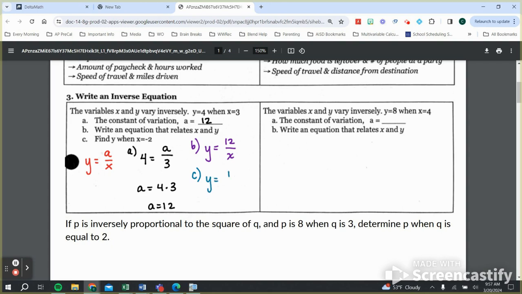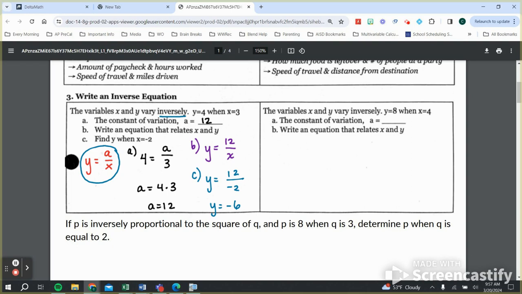So we're just going to replace our x with a -2. So y equals -6. So the most important part here is understanding which equation to use based on the verbiage. In this case, varying inversely, we're going to use y equals a divided by x.